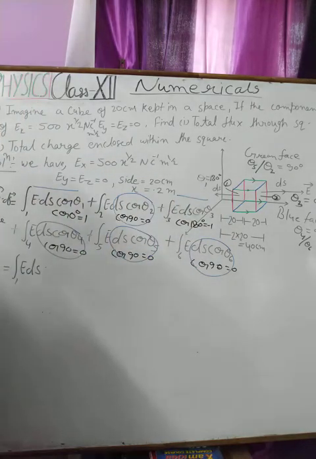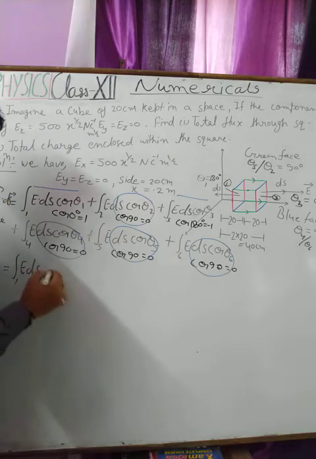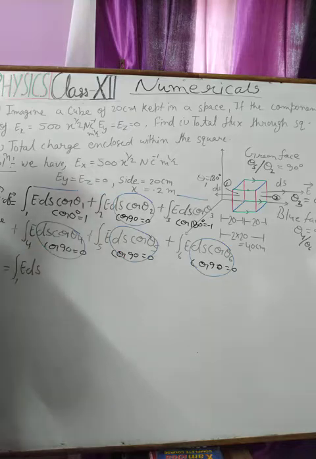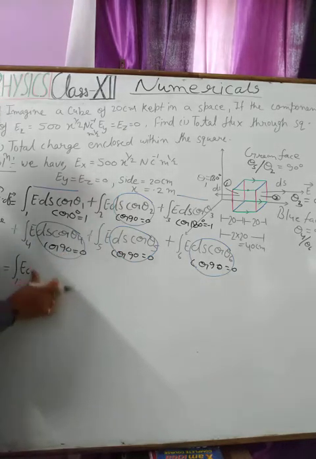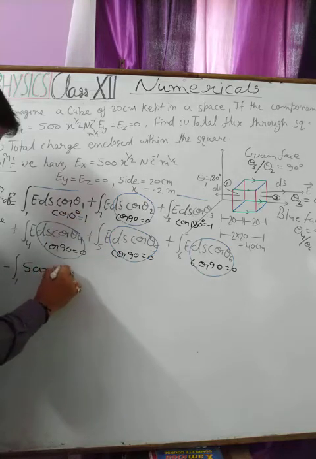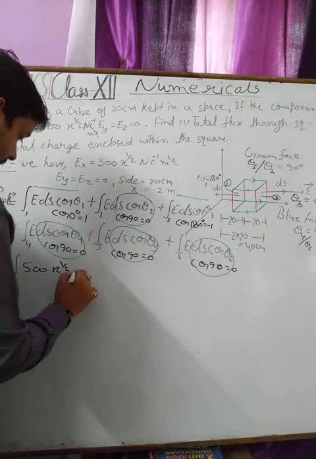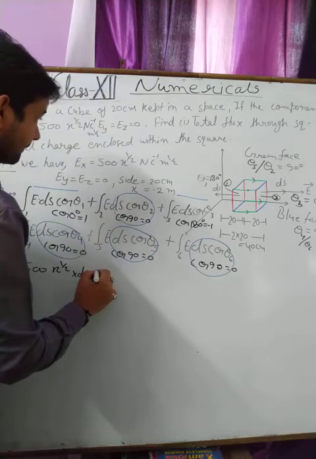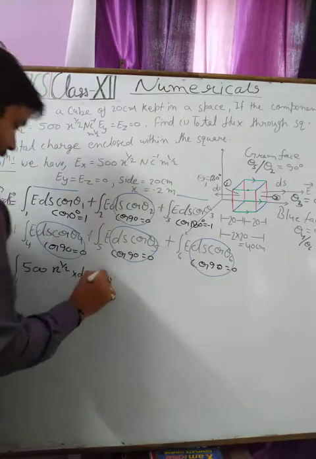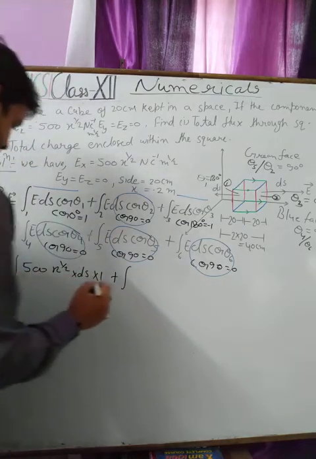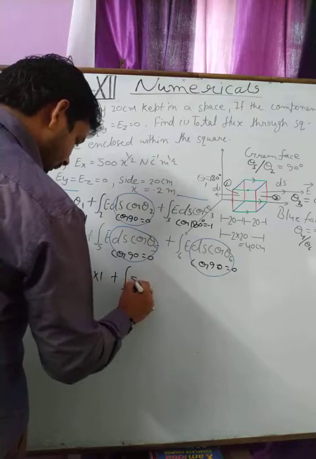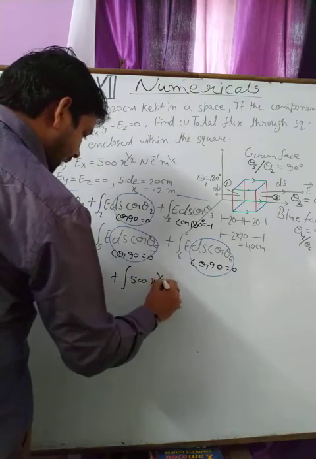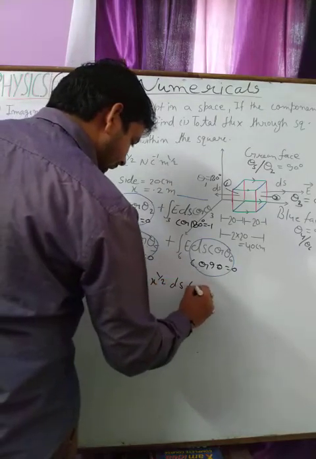Now we are putting the value. E dS1, now the value of Ex, that is 500 x to the power half, into dS, into 1, and plus 500 x to the power half, dS and -1.